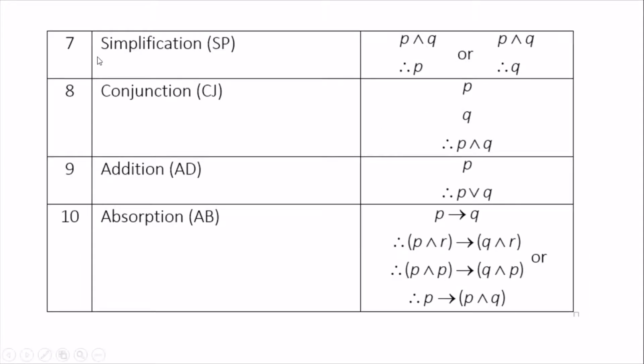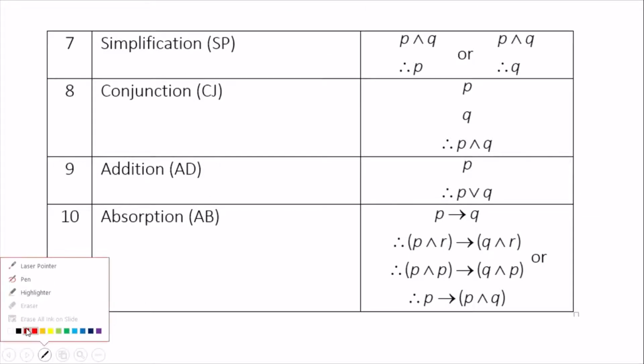Now for the seventh rule, we have what we call the simplification. In simplification, we have only one statement, and that is the conjunction of two statements.